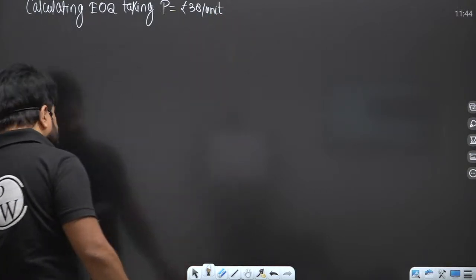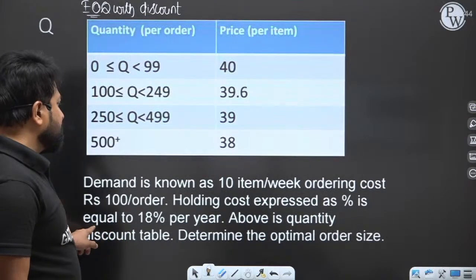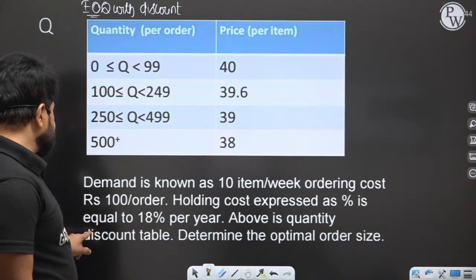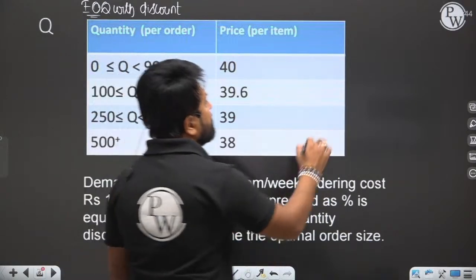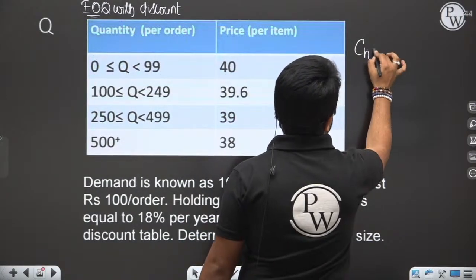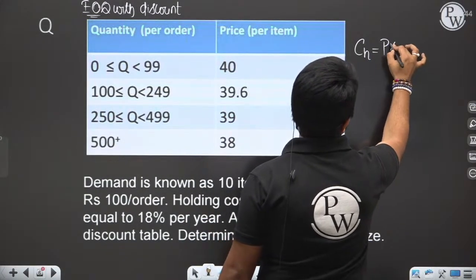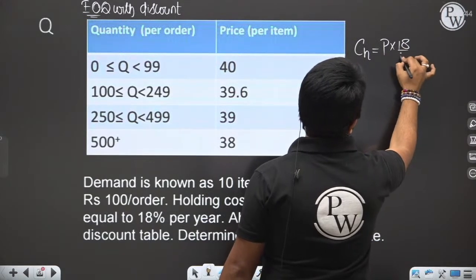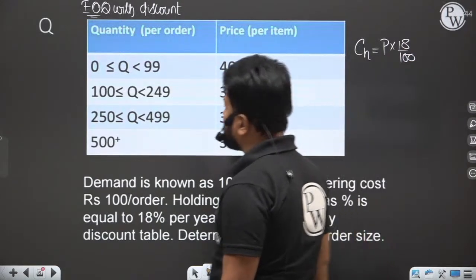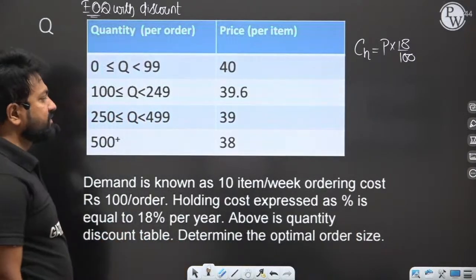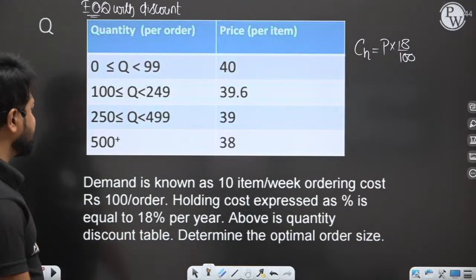Now he is saying that the holding cost percentage is 18%. So it is clear that the holding cost is the purchasing price into 18 divided by 100. This is the holding cost.